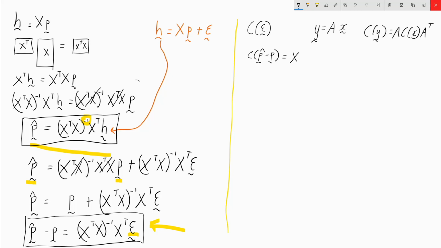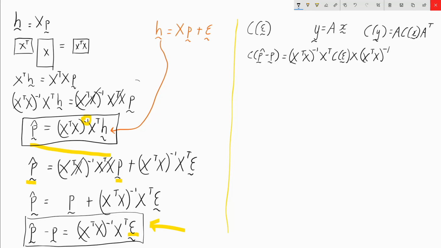equals (XᵀX)⁻¹Xᵀ Cε X (XᵀX)⁻¹. Now let me make an assumption to make the next equation easy.